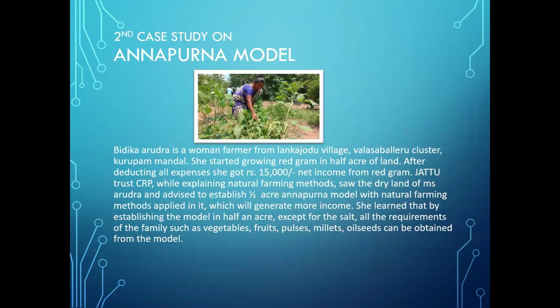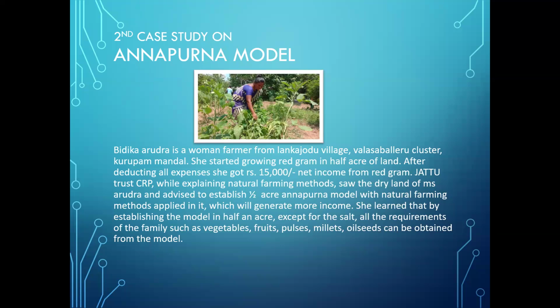Second case study on the Annapurna model. In half an acre of land, a tribal woman farmer has been cultivating Annapurna for 15 years. Bidika Arudra is a woman farmer from Lankajodu village, Valasapalleru cluster, Kurupam Mandal. She started growing red gram in half an acre of land.